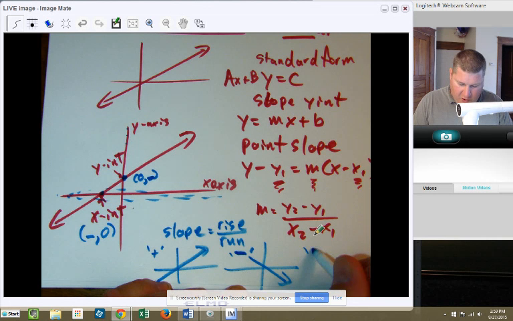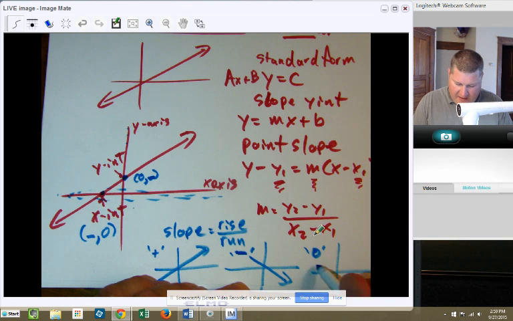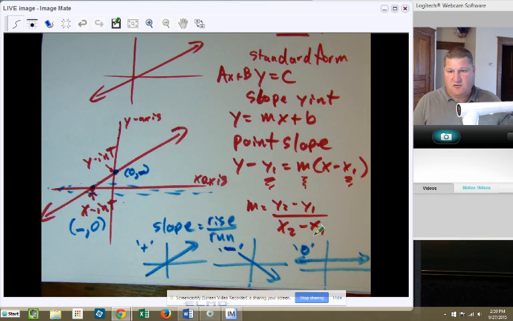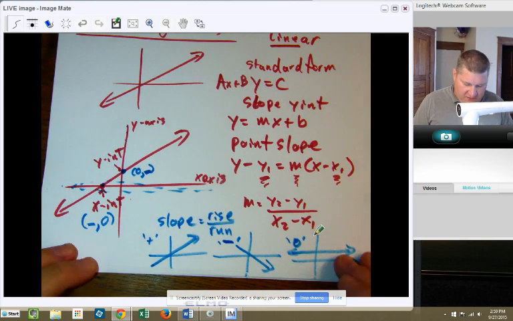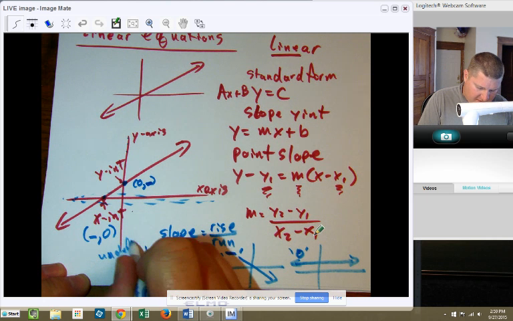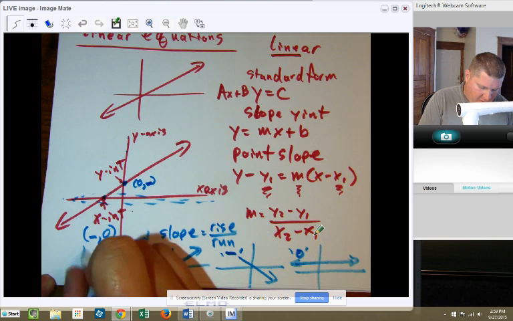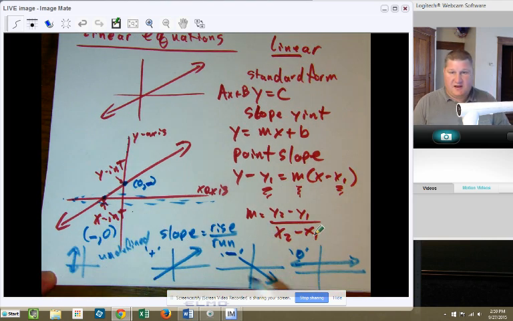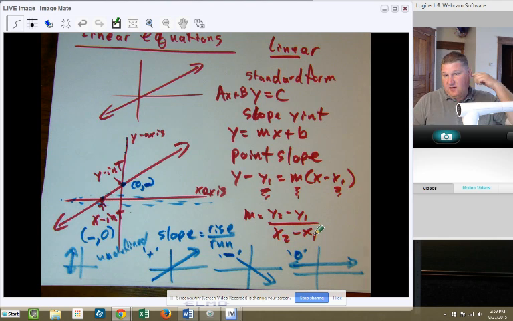You can have a slope of 0, which means that there is no rise, there is no fall on this particular graph. Now, there is one other situation in which slope can arise, and that's where it is undefined. Undefined slope is going to be a slope where it goes straight up and straight down.